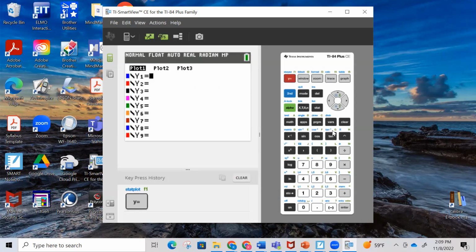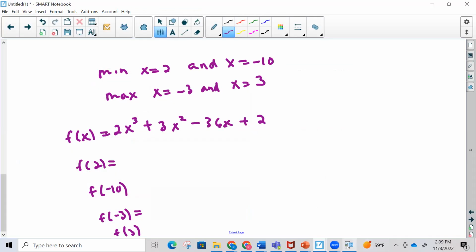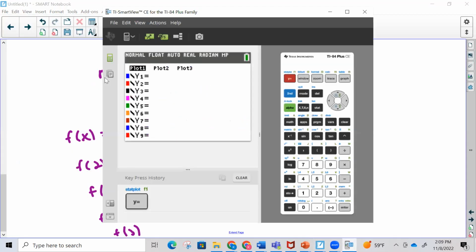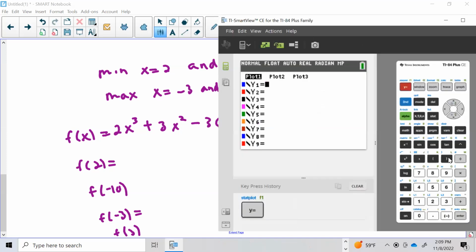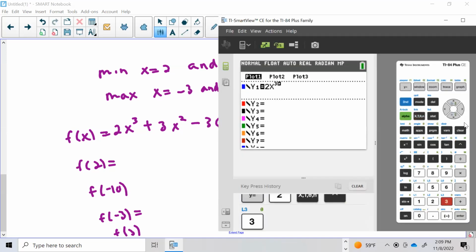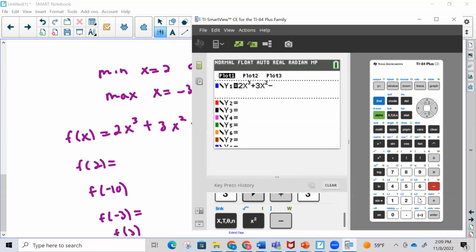So what we would do is we would type in that function here. So we would do 2x cubed plus 3x squared minus 36x plus 2.